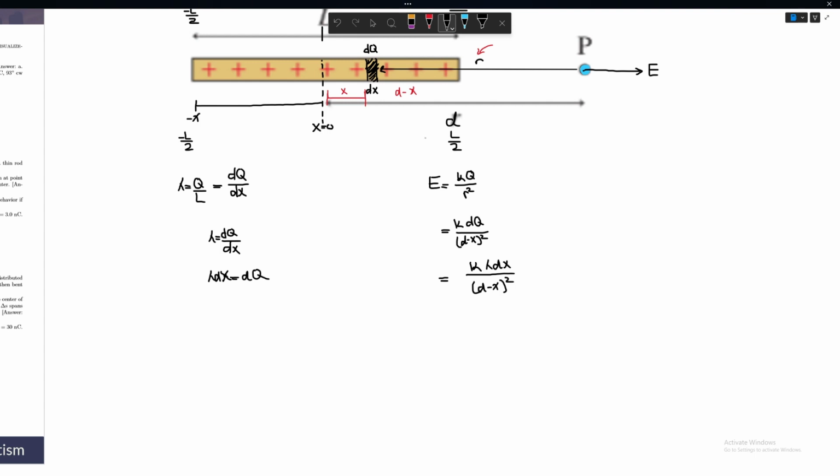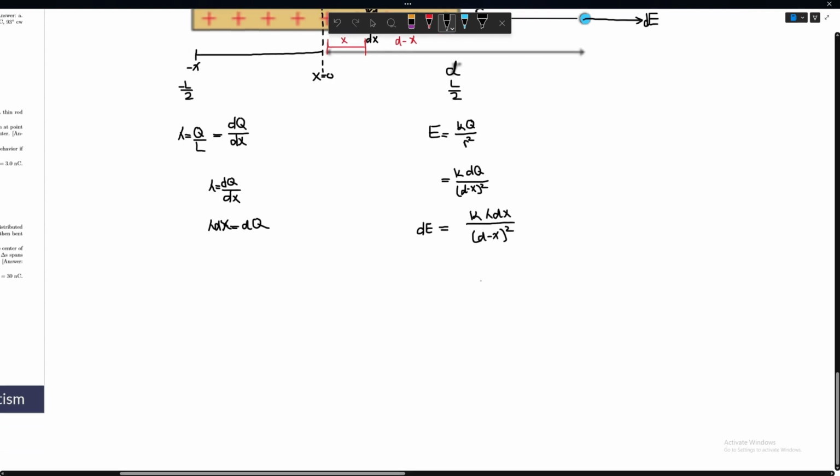Now what this little piece generates is some small dE. This small point of charge makes a small dE, a small point creates a small electric field.